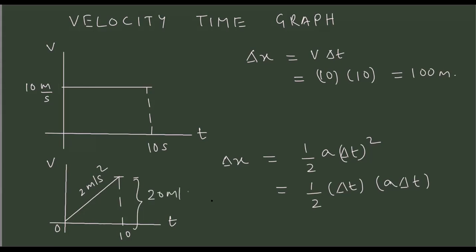So we are basically trying to get here the area under the graph. This is 10 and this is 20, so we are still getting 100 meters. The velocity we see in the above graph works as the average velocity, a simple average. If I take 0 and 20 and average the initial and final velocities, I get this 10.